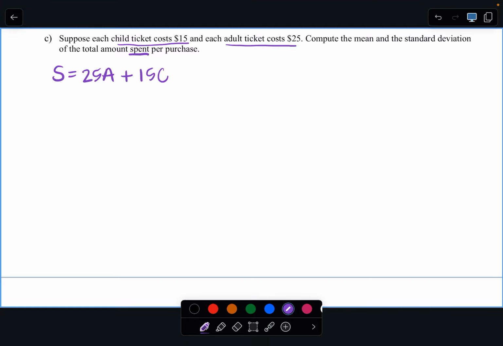So for the mean of S, and if you ever see things where it's an E, don't forget that that means the exact same thing. I could also be saying E of S, and I'm doing the exact same thing. In the case of the mean, you do everything that you see. I'm going to take 25 times the mu of A plus 15 times the mu of C. Again, the stuff in black, you don't necessarily have to write.